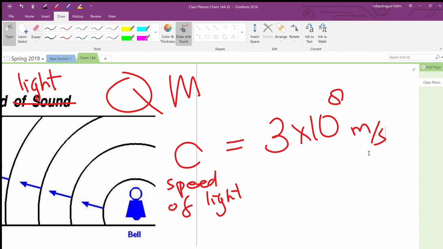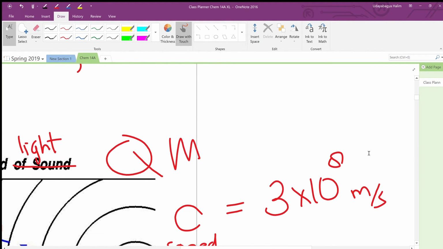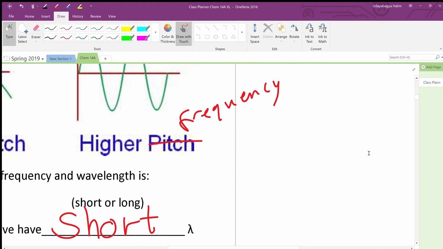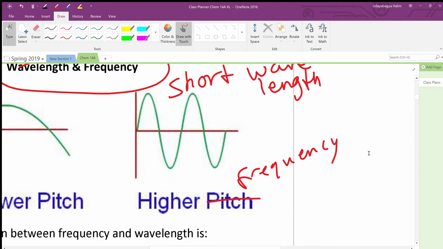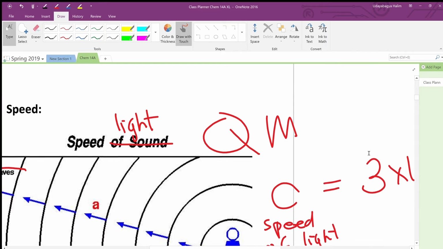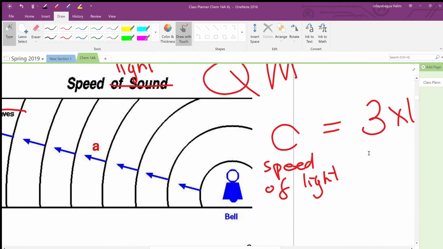Now, that's more or less where the analogy goes. In terms of how to think about these quantum mechanical things, think about them as waves. If you have high frequency, that means you have a short wavelength, because the graph looks like this, shorter. And if you have high frequency, it's a high pitched noise, it's high energy.